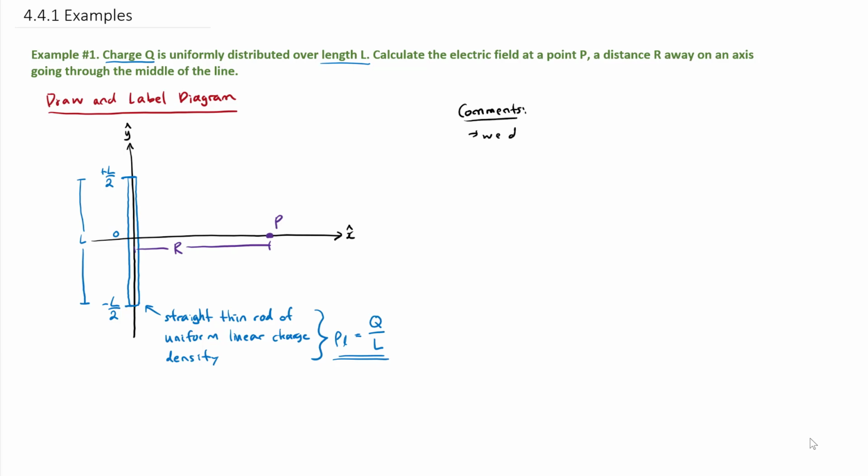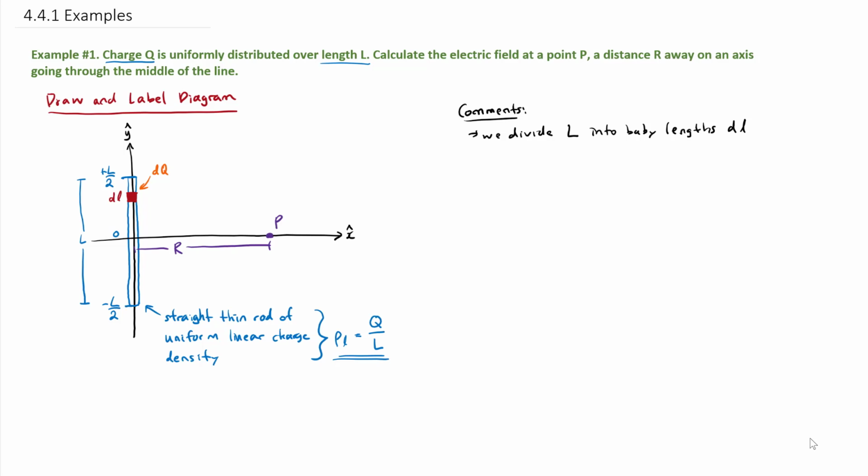So we divide L, the total length, into baby lengths, dl. So if I divide this tiny piece, or if I divide L into this tiny piece and call this dl, then I also know that this dl is going to have a charge dq associated with it.